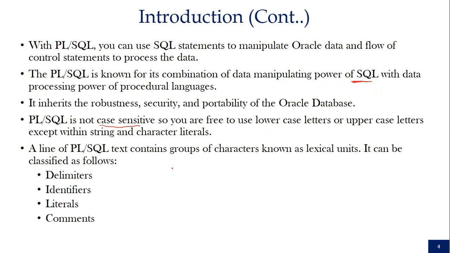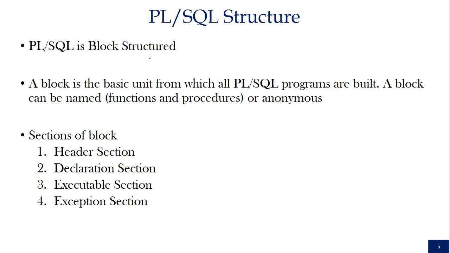There are different things whenever you are writing code, like delimiters, identifiers, literals, comments. We will see all these things. First of all, we want to see how to write PLSQL code. There are different sections in the code: header section, declaration section, executable section, and exception section.